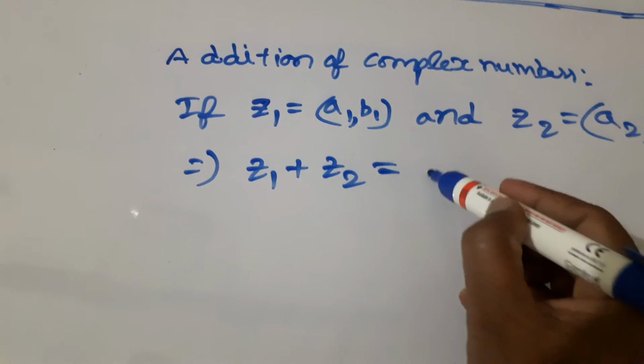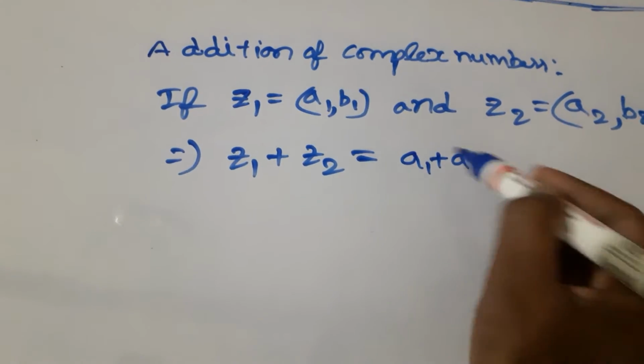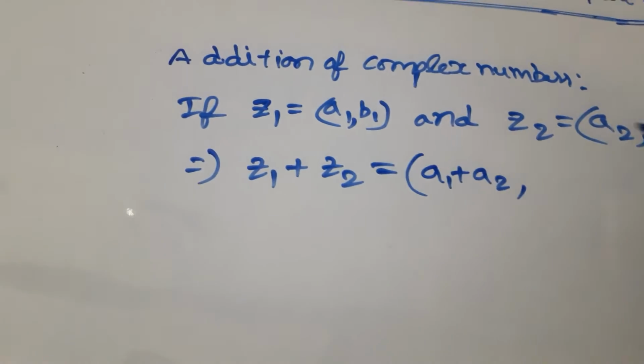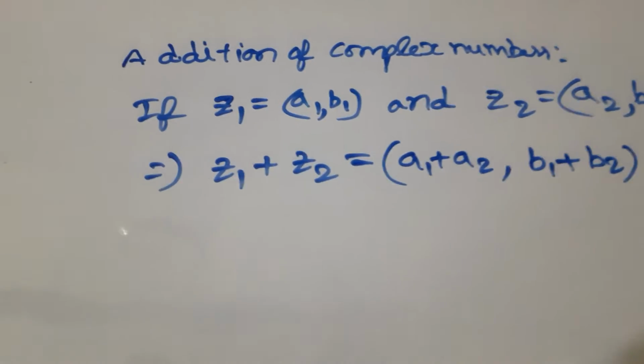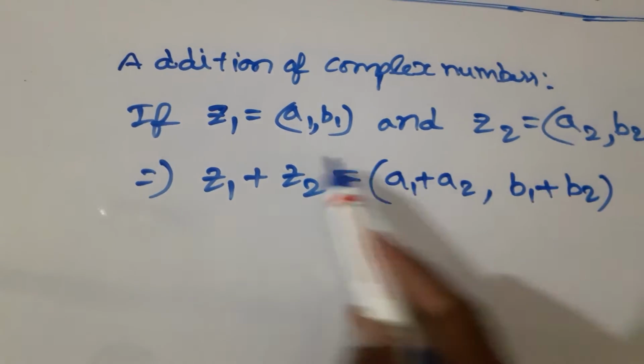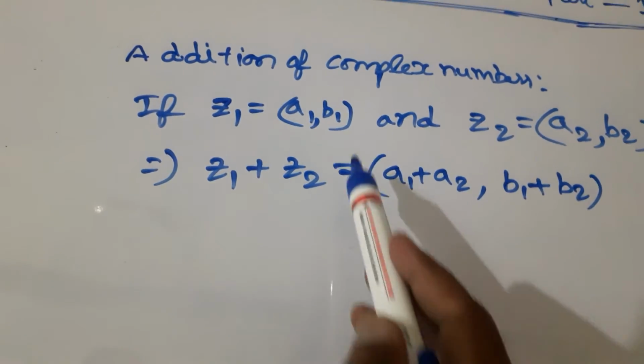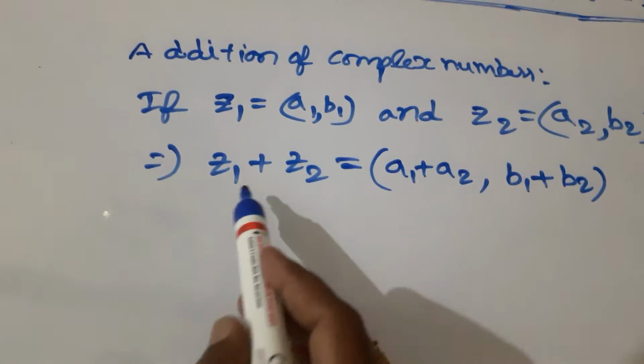Adding the real parts you will get a1 plus a2, and adding the imaginary parts you will get b1 plus b2. So in adding two complex numbers, we should add the corresponding real parts and add the corresponding imaginary parts. That is the addition.